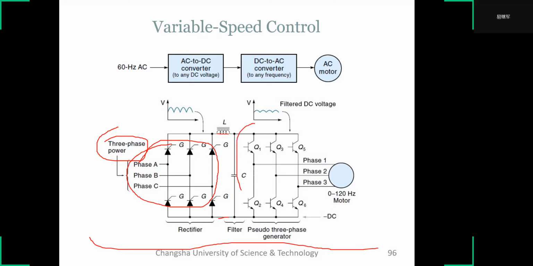After the power is converted to DC, the pseudo 3-phase generator converts the DC to AC at any frequency. So if we want to control the speed of the AC motor, we just control the gates of the SCR or transistors.